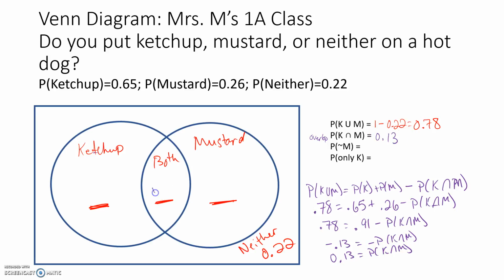And so now that is the number that's going to go here in our overlap region, 0.13.